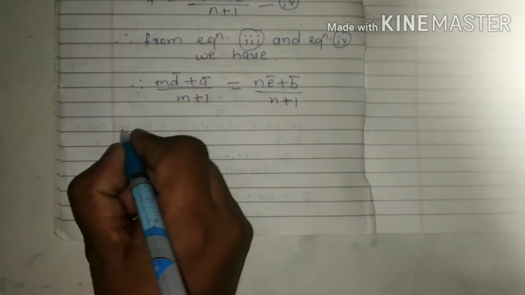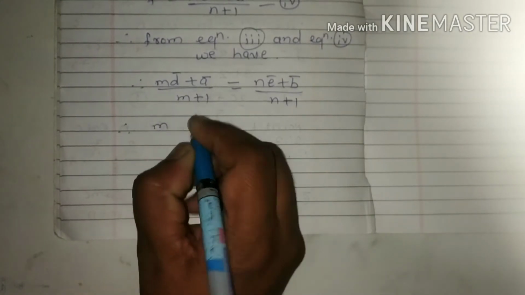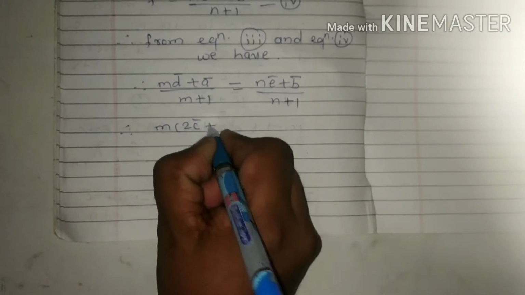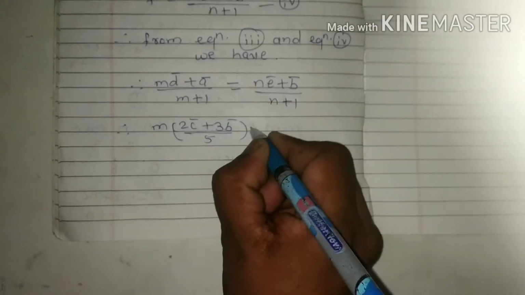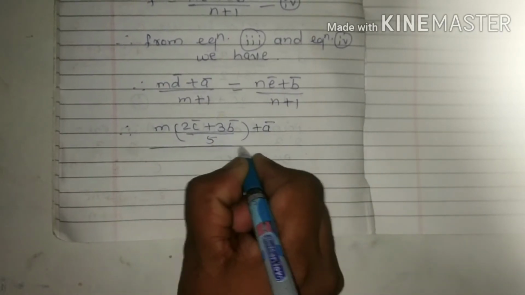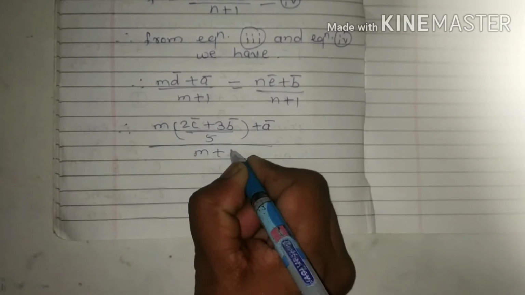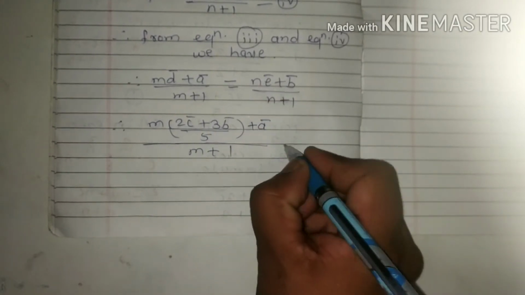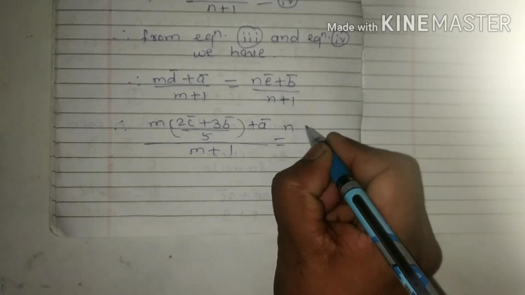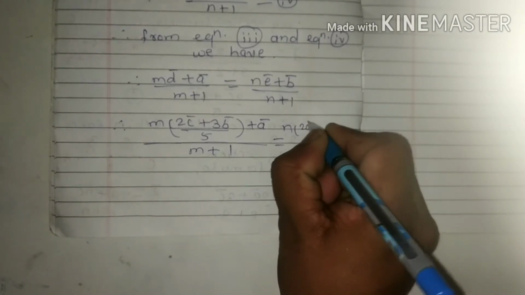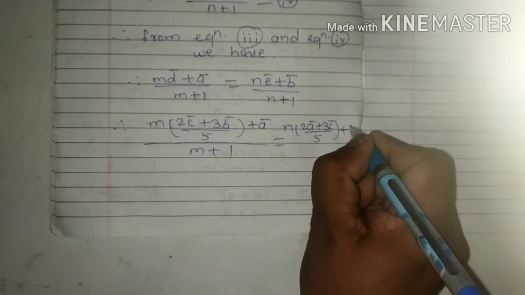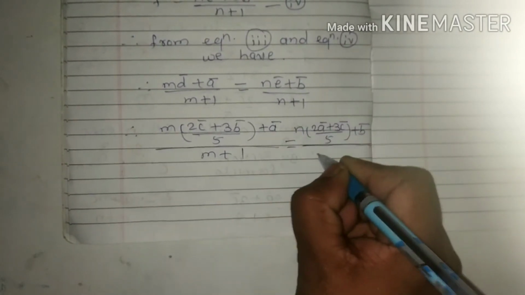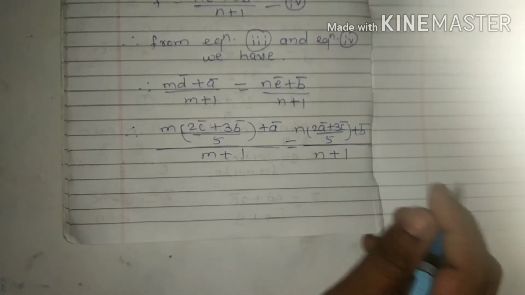Putting these values, we write the above equation as m into the value of d bar, that is 2c bar plus 3b bar divided by 5, plus the remaining term a bar, divided by m plus 1, is equal to n into the value of e bar, that is 2a bar plus 3c bar divided by 5, plus the remaining term b bar, divided by n plus 1.